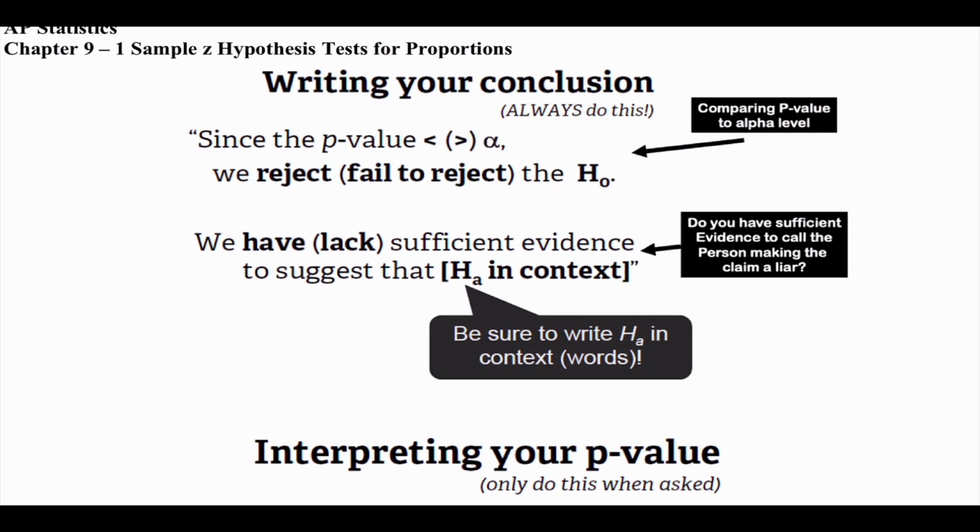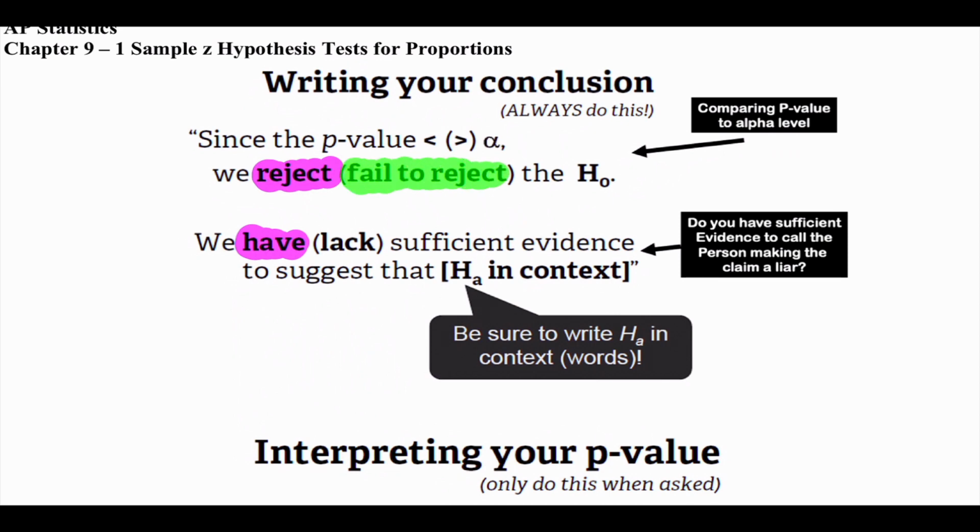Conclusion on the back. So the three things we need to do are compare p-value with alpha, state whether we reject or fail to reject the null hypothesis. That's the second thing. And the third thing is, do we have enough evidence to say you were wrong, or do we not? Right? So if we reject, I'm going to color code this to make it easy. If we reject, we have enough evidence.